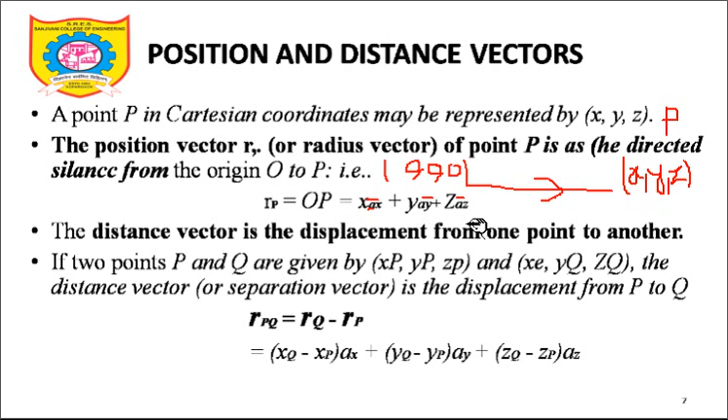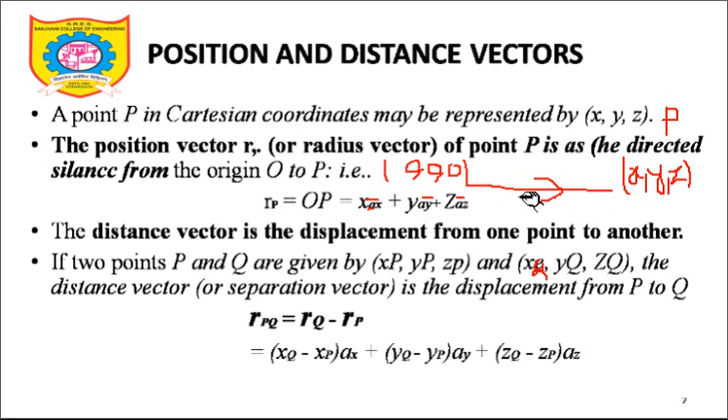Now what is a distance vector? Position vector we understood: it is the distance from the origin to that particular point. For a distance vector, there are two points given, let's say point P and point Q, having coordinates xp, yp, zp and xq, yq and zq.